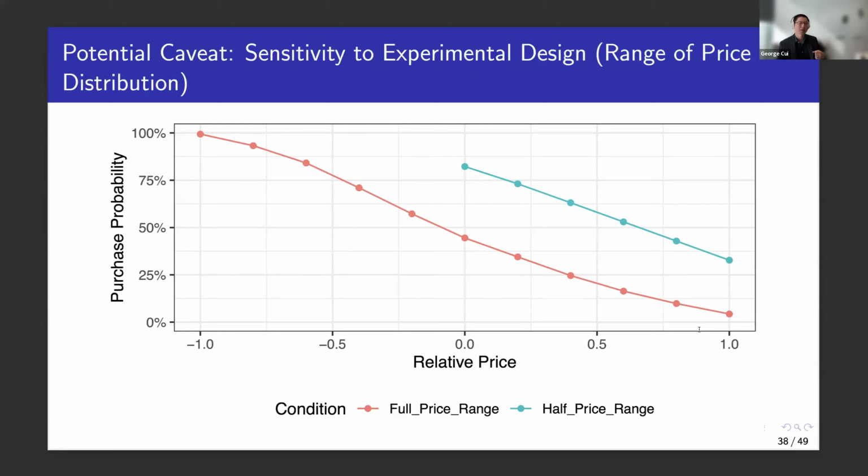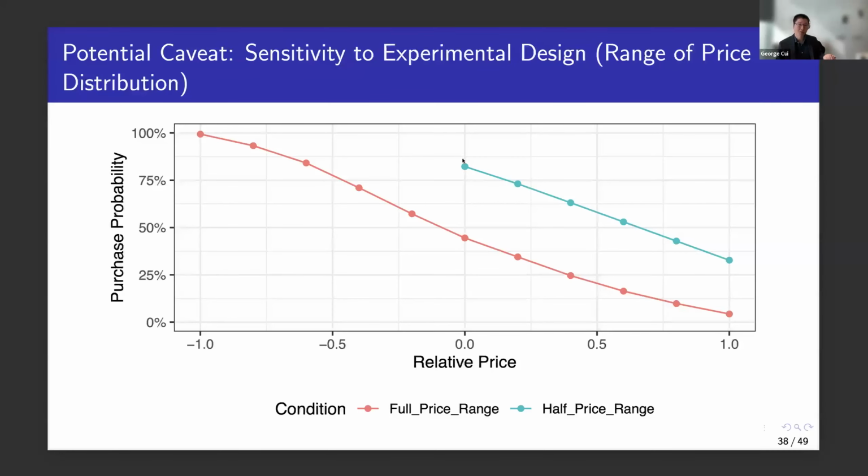The red line is a case where we disclose that we are running an experiment that randomized prices from these 11 values, and the blue line is where we say we are running an experiment that randomizes the prices from these 6 values. In standard experiments, where we don't have to reveal the experimental design at all, we should expect these two lines to overlap. But in the GPT simulation, when we communicate the experimental design, even though the original design performs really well, it is sensitive to what kind of information we provide.